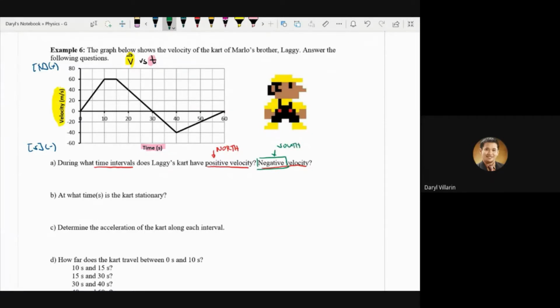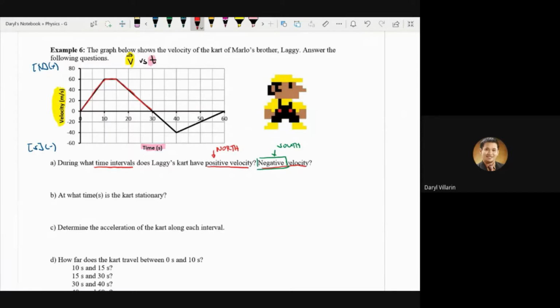Okay. So now looking at your graph, you can actually identify any velocity that is to the north. That would be greater than 0 seconds, all of this until maybe here. So not touching the 0 mark, because 0 pertains to 0 velocity.